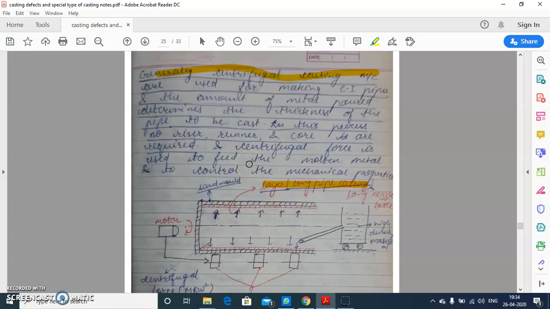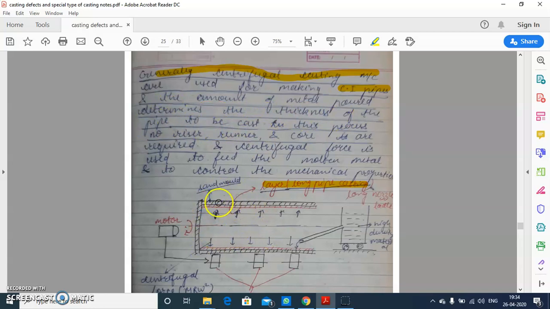And what is the application of true centrifugal casting? Generally true centrifugal casting machines are used for making CI pipes, and the amount of metal poured determines the thickness of the pipe to be cast.